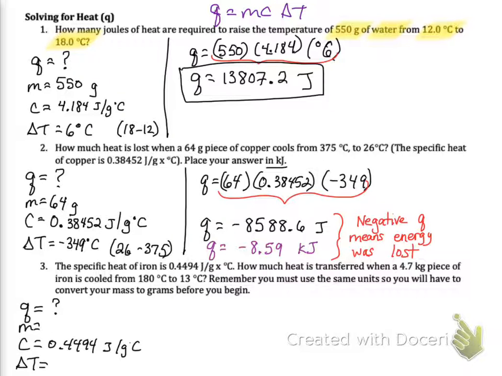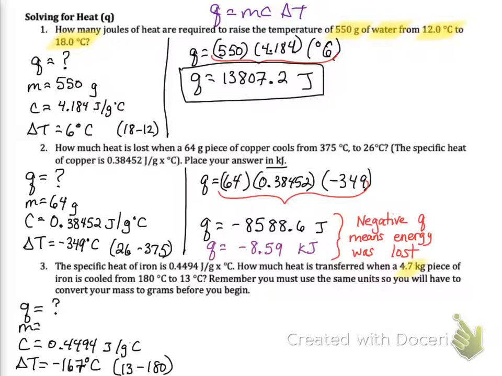And my temperature change from 180 to 13, so 13 minus 180, that's negative 167 degrees Celsius. I'm saving mass for the end. We're told that it's 4.7 kilograms.